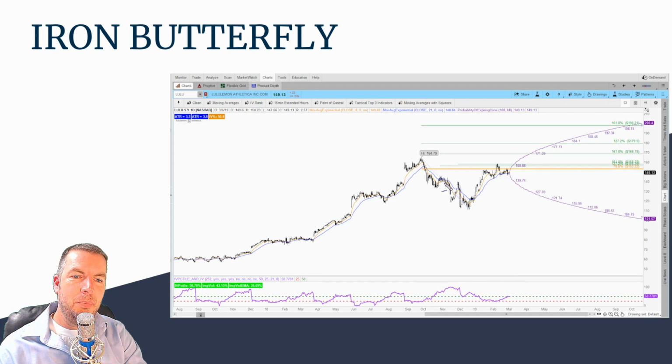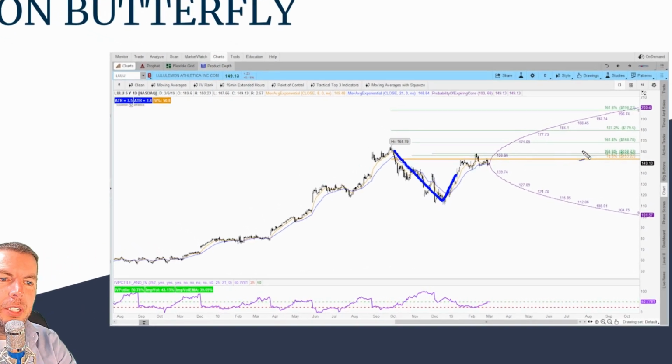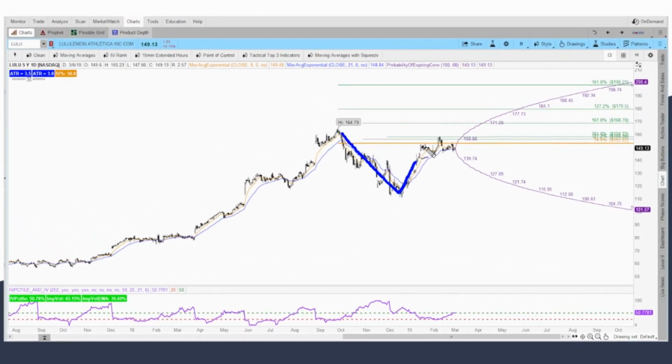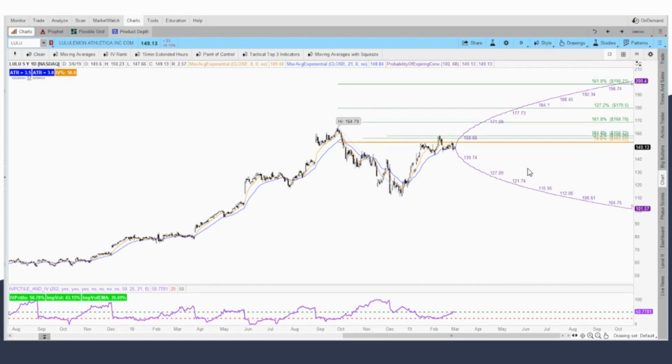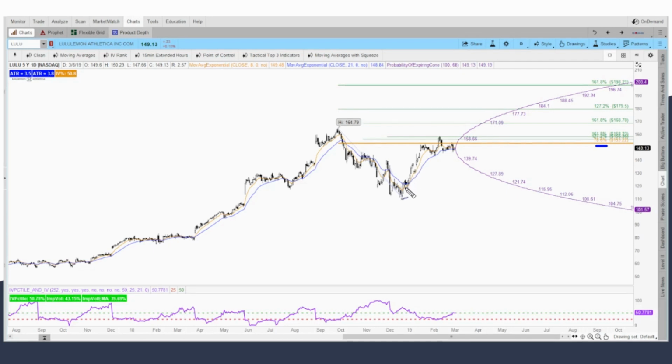And we've had a little bit of a retracement here. We've come down in here, and now looking at these Fibonacci levels, we've retraced, and in some cases we're right up against that 1.272 extension and that 1.618 extension. And then we're also coming up against that 0.786 retracement level.